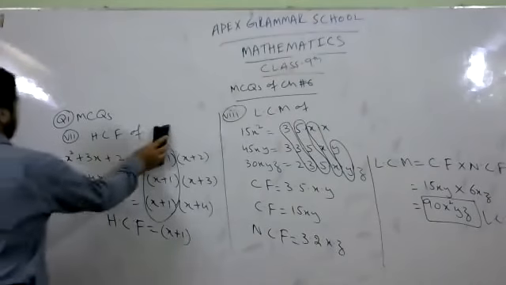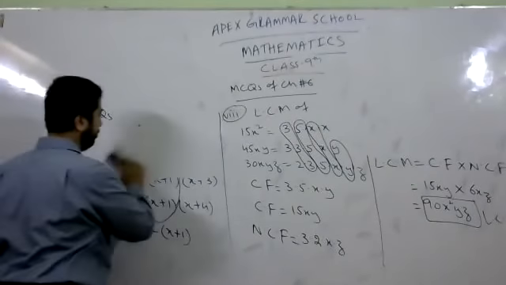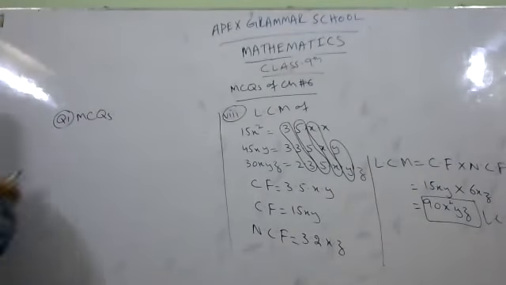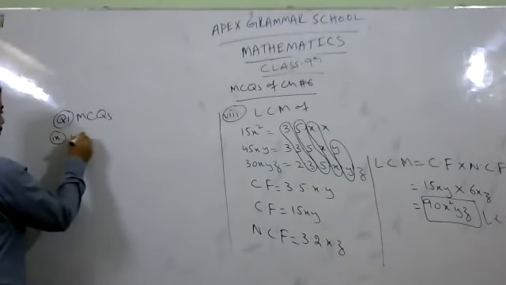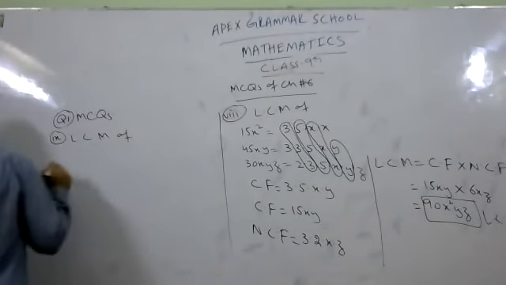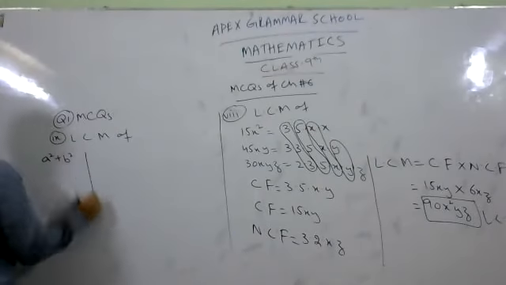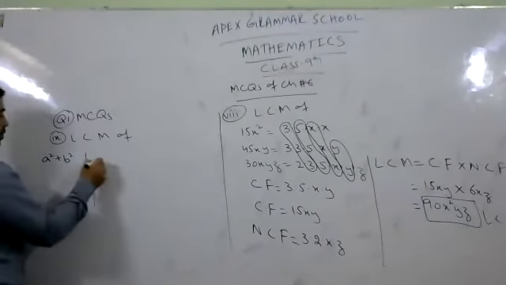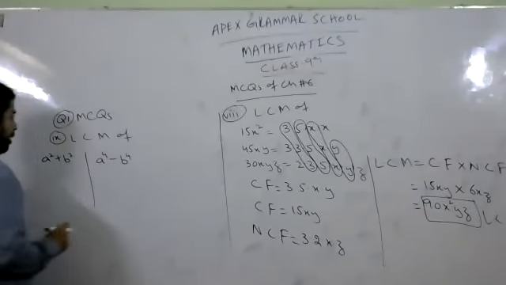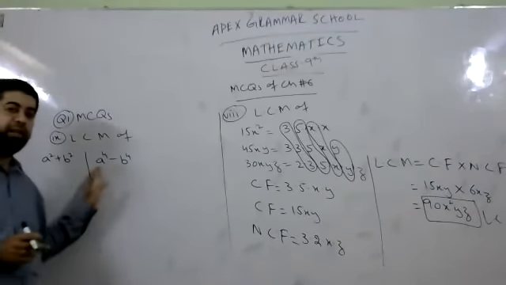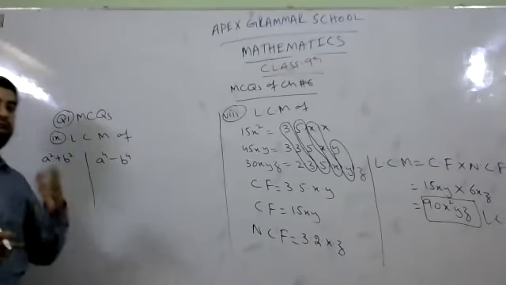LCM of A square plus B square and A raised to power 4 minus B raised to power 4. You know that A square plus B square is not a formula, but A raised to power 4 minus B raised to power 4, we can make it a formula.